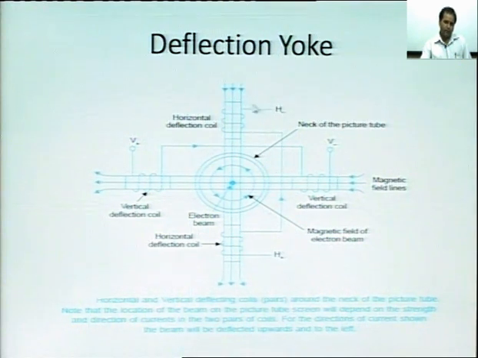Similarly, we have windings in the horizontal deflection coil, this is a pair of windings of the horizontal deflection coil. This will also have a magnetic field as shown by these magnetic lines of force.